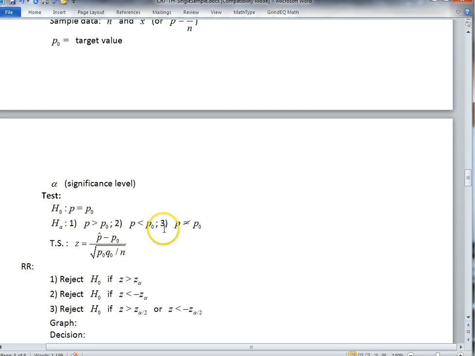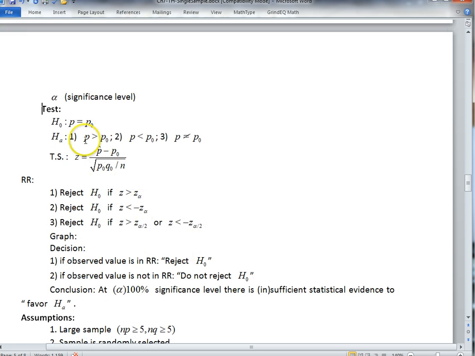So our test, again, the structure of the test is the same. For the null hypothesis, we pick P equal P0, and there are three possible alternatives. Upper tail test if P is larger than P0, lower tail test if P is less than P0, and two tail test if P is not equal to P0.